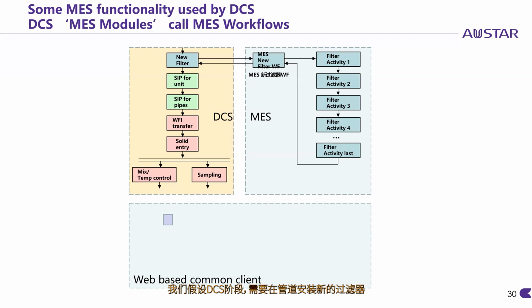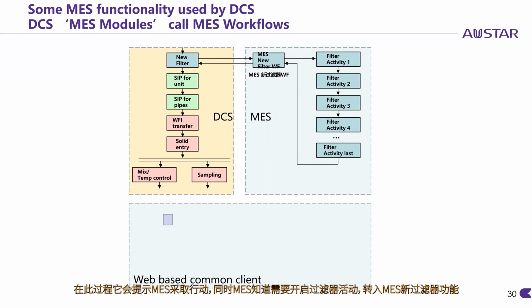Now let's assume we have a DCS phase, and one phase is that a new filter has to be built into a piece of pipe. So what happens is when this is activated, we would tell the operator on the screen, oh, there is a MES action required.